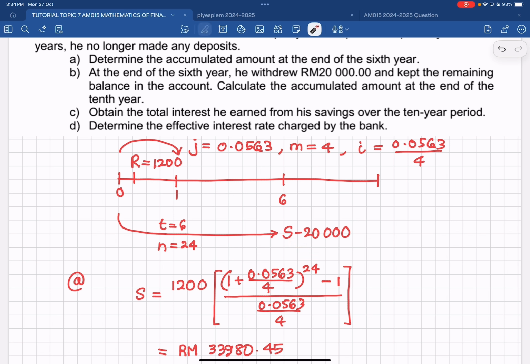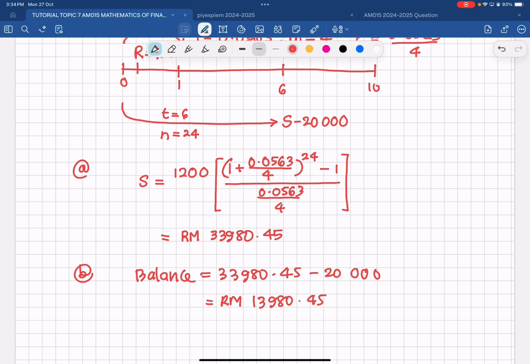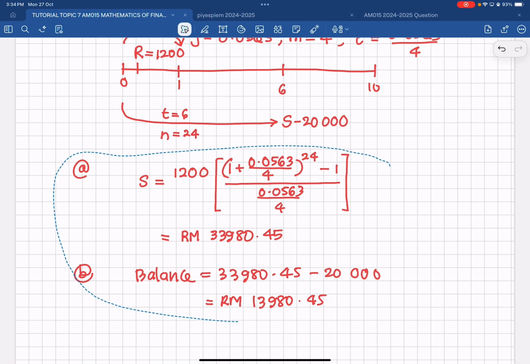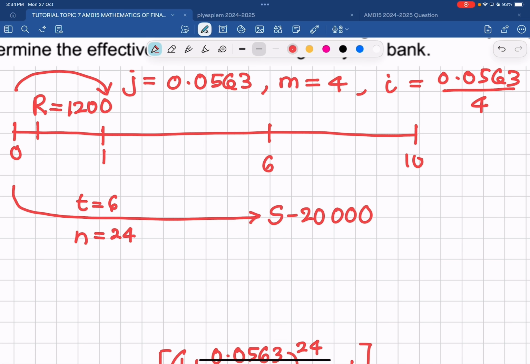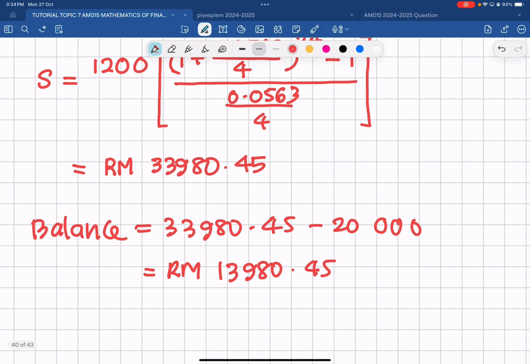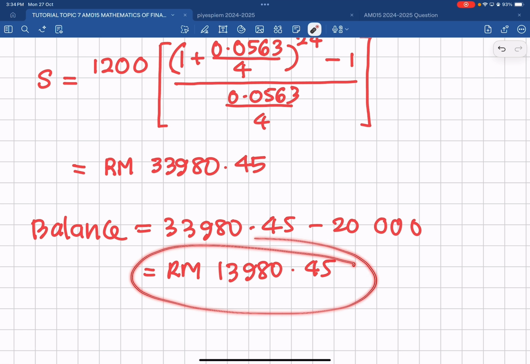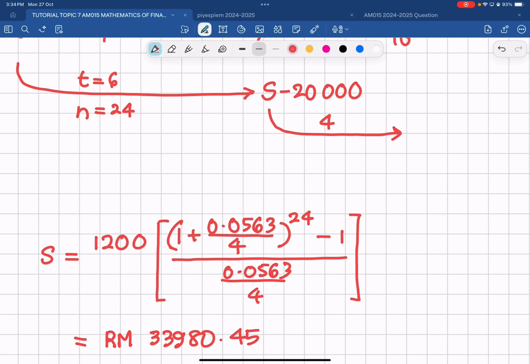Okay, so dia bawa sampai tahun ke-10. Berapa lama duit dia simpan dalam bank? T dia adalah 4. So the balance sekarang dia tak jadi dah nilai S. Dia akan jadi principal untuk dapat future value yang baru.